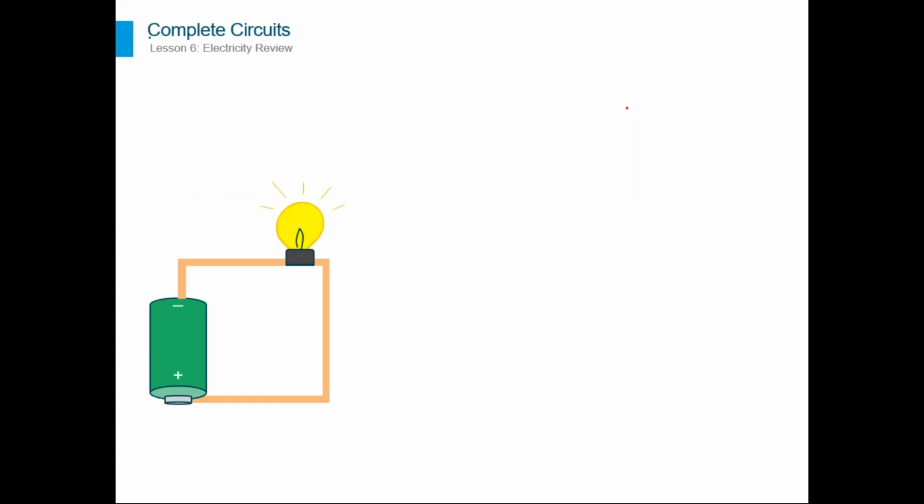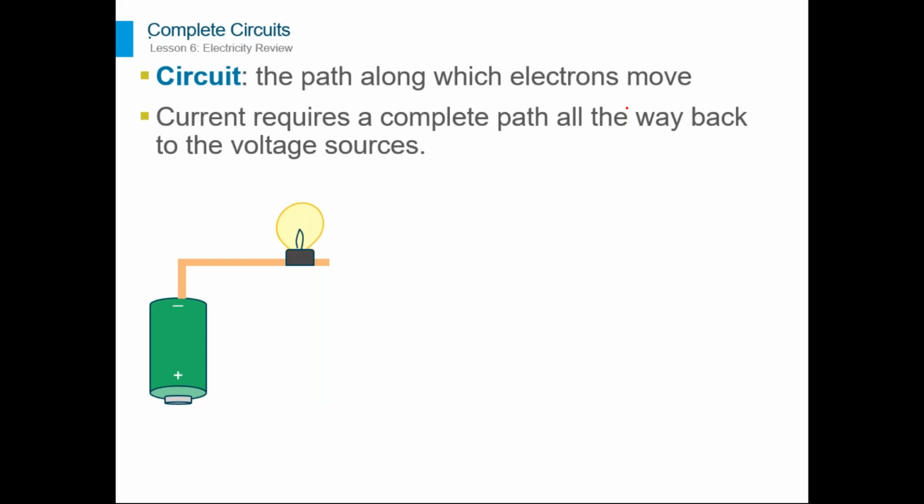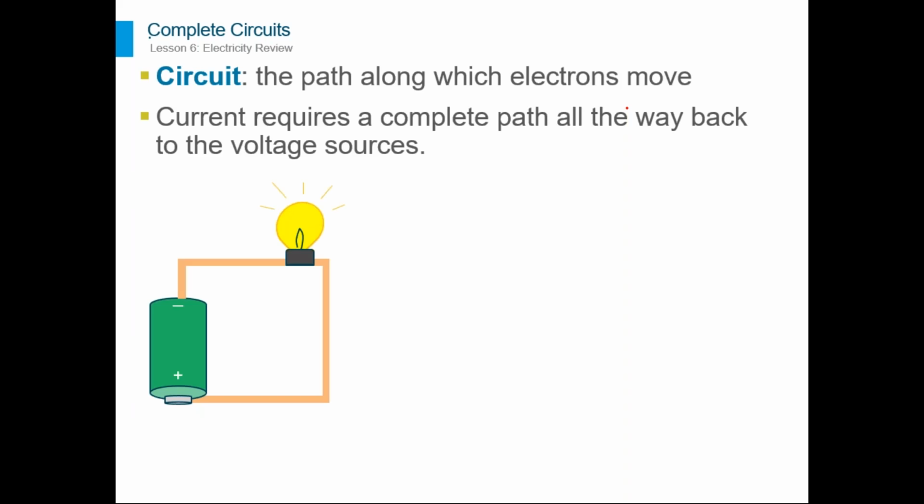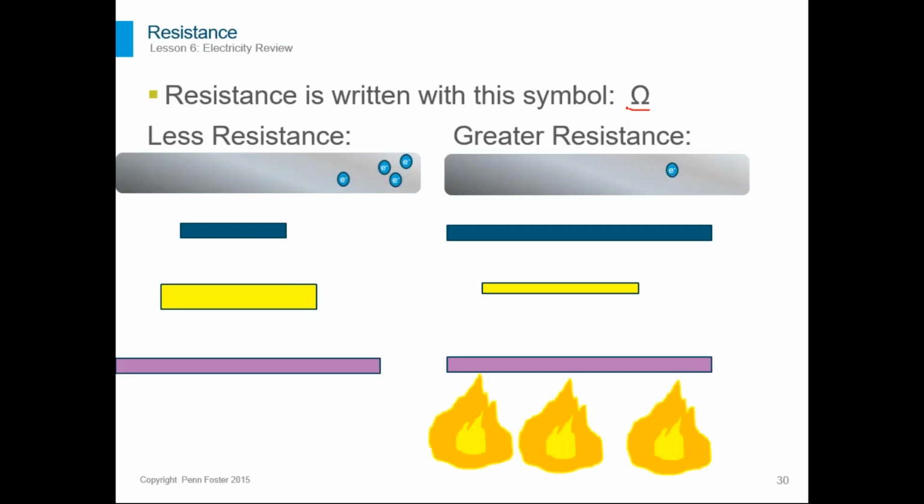It's important to remember that you need a complete circuit in order to conduct electricity. If you have a complete circuit, the electricity will be conducted. If you lose any of it, it won't be.